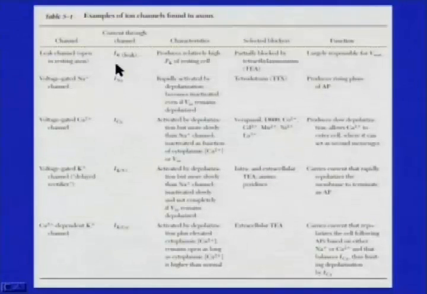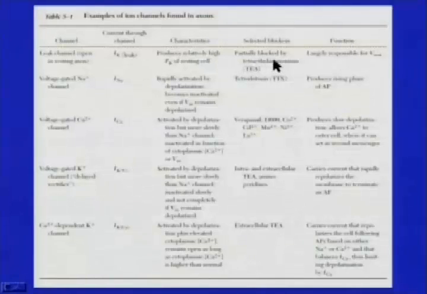So the first is the leaky potassium, and this produces a relatively high permeability to potassium. P sub K is potassium permeability of the resting cell, so there is constant efflux of potassium, and this makes the membrane negative inside relative to outside.